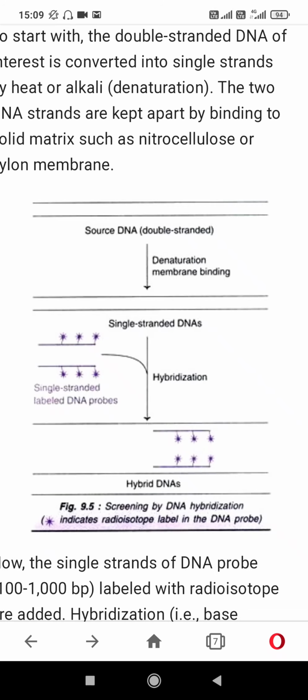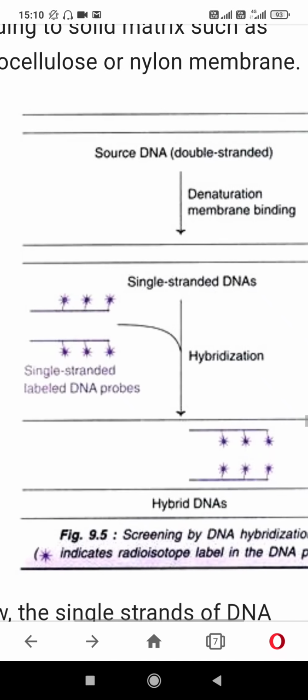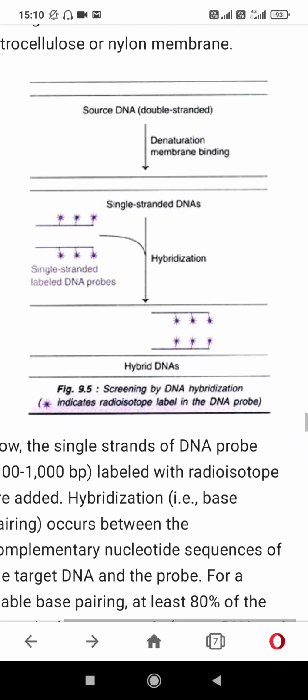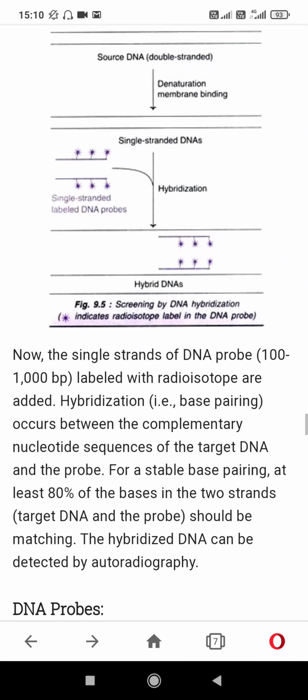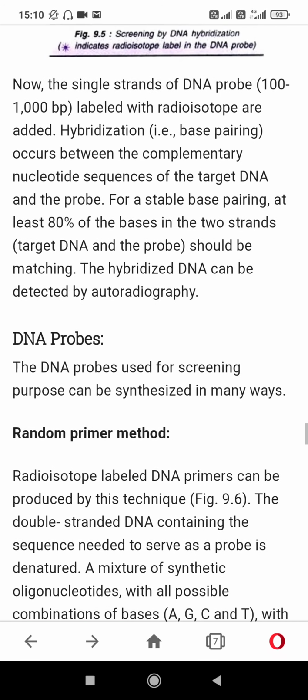Then for hybridization we use single stranded labeled DNA probes, and you can see that radioactive labeled probes are being used. They are allowed to hybridize, and if there is a complementary sequence for that probe, they will bind. The non-bound probes are washed away by a suitable buffer solution, and finally they are visualized by autoradiography. So this is a simple procedure for detection of a particular DNA.